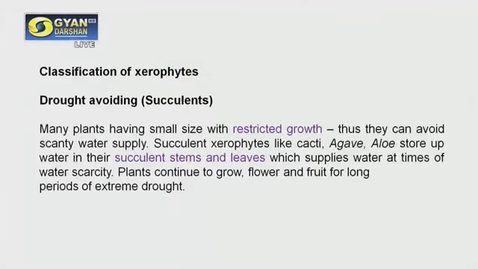Now, xerophytes, like hydrophytes, you can classify the xerophytes also. Number 1, drought avoiding or succulent. Succulent means these types of xerophytes have very small size, restricted or stunted growth, and they can avoid scanty water supply. How? Because they have developed succulent stems and leaves.